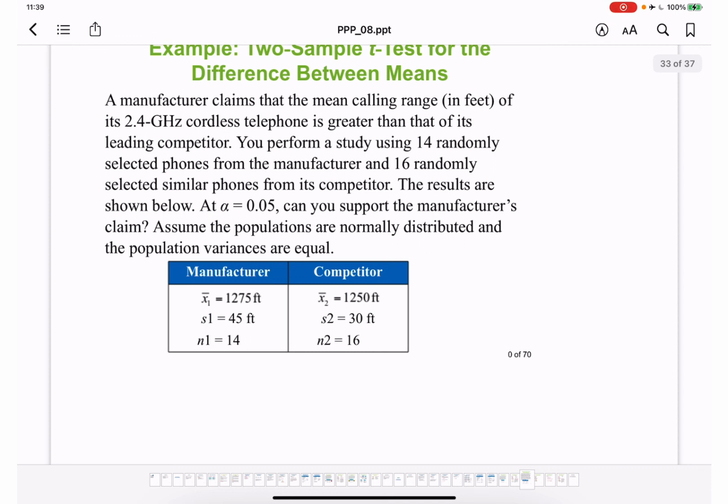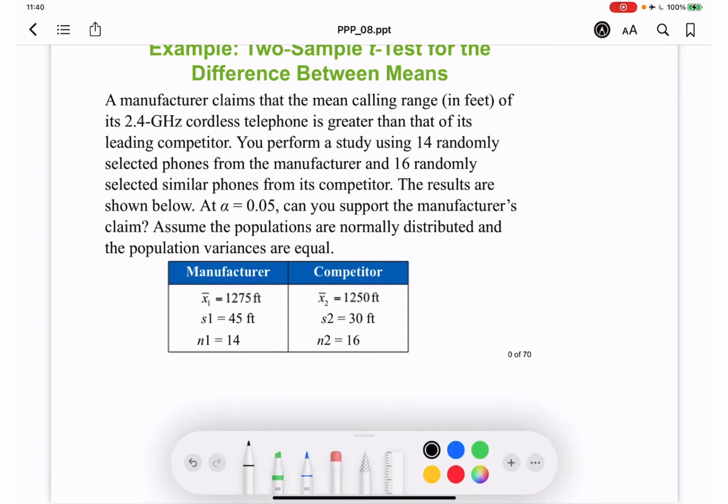So now they are solving one more. What do we have here? Sample sizes are 14 and 18, so the sample sizes are different. We are given s again, that means sigma is unknown.